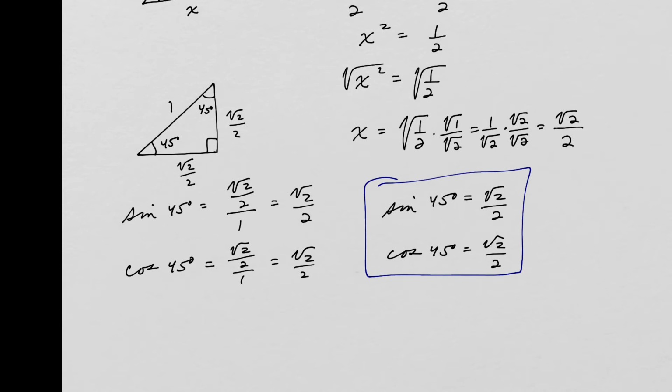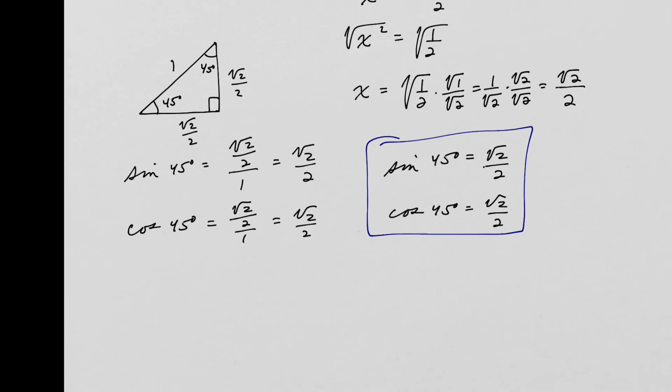By the way, sometimes you'll see this done differently. It's a 45, 45, 90 right triangle. Sometimes, instead of calling the hypotenuse equal to 1, they'll call each leg equal to 1, and that makes the hypotenuse radical 2. If this is 45 degrees, you can use the same argument as before.